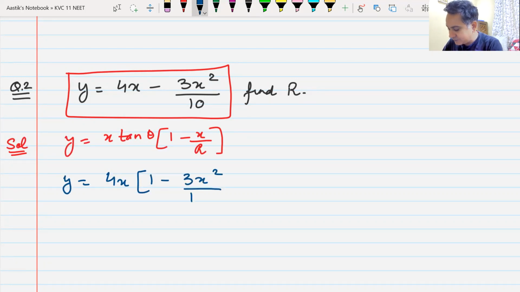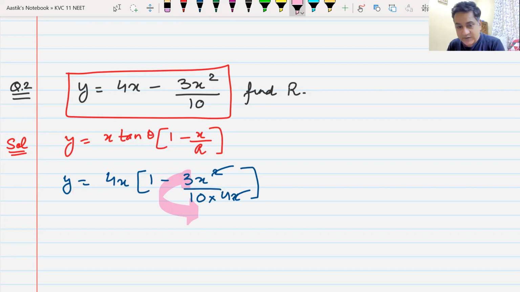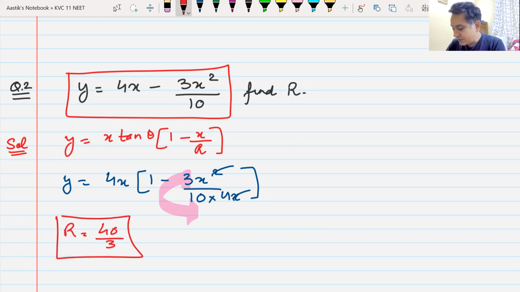I keep it like this. But I've taken 4x outside, so I divide it by 4x. 1x and 1x go away. This 3 in the numerator should not remain here, so it jumps into the denominator. And now you know the value of range. What is the value of range? 40 divided by 3. 40 divided by 3 is your range. I hope every one of you got the same answer. Yes or no?